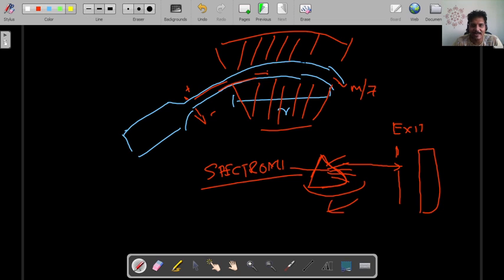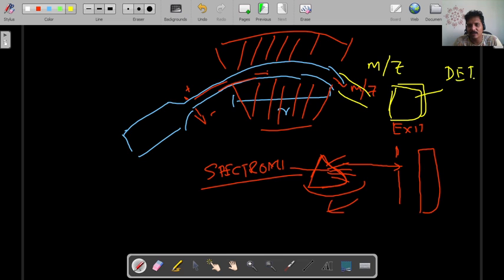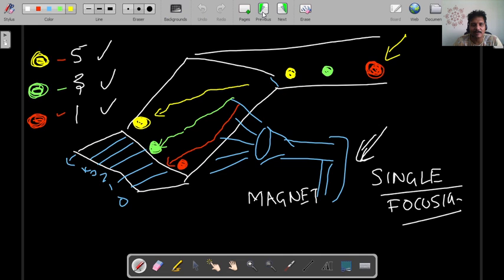Here I want to collect a particular mass to charge. At this end of the tube, I have a detector. The detector is similar to your scoring, equivalent to that of your detector.